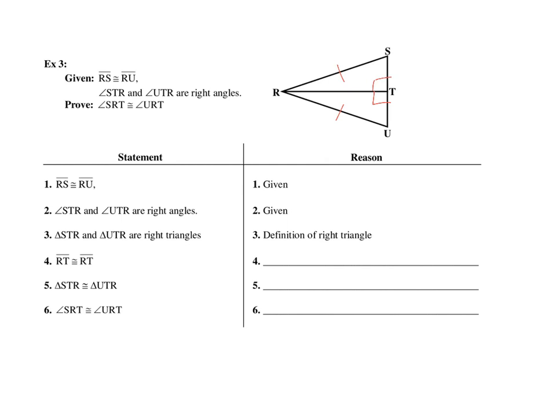Alright, right angles. So it's given, then it says the triangles are right triangles. That's just the definition of a right triangle. Then it says RT is congruent to RT. I know that by reflexive property. Alright, and then triangle STR is congruent to UTR. Okay, how do I know that? Well, I'm working with right triangles here.